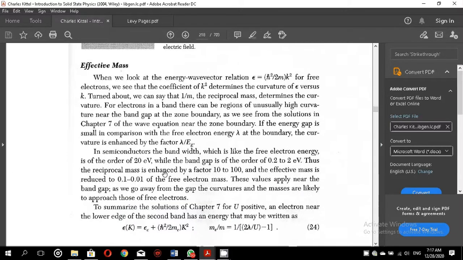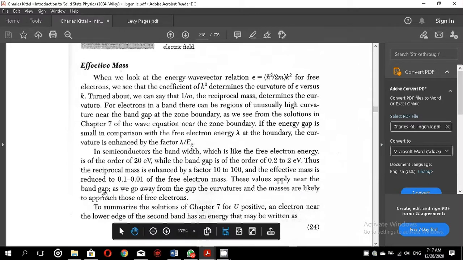Thus, the reciprocal mass is enhanced by a factor of 10 to 100, and the effective mass is reduced to 0.1 to 0.01 of the free electron mass. So you see how much the effective mass changes from the free electron mass. These values apply near the band gap.